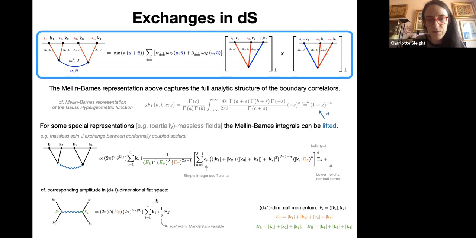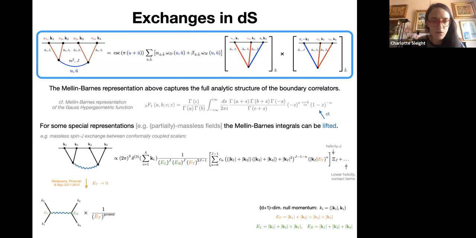So this expression is a little different from what we're used to from studying scattering amplitudes in flat space. For comparison, I put the explicit expression for the corresponding exchange amplitude in flat space here on the bottom left. But nonetheless, there are relics of flat space scattering encoded in our de Sitter correlators.